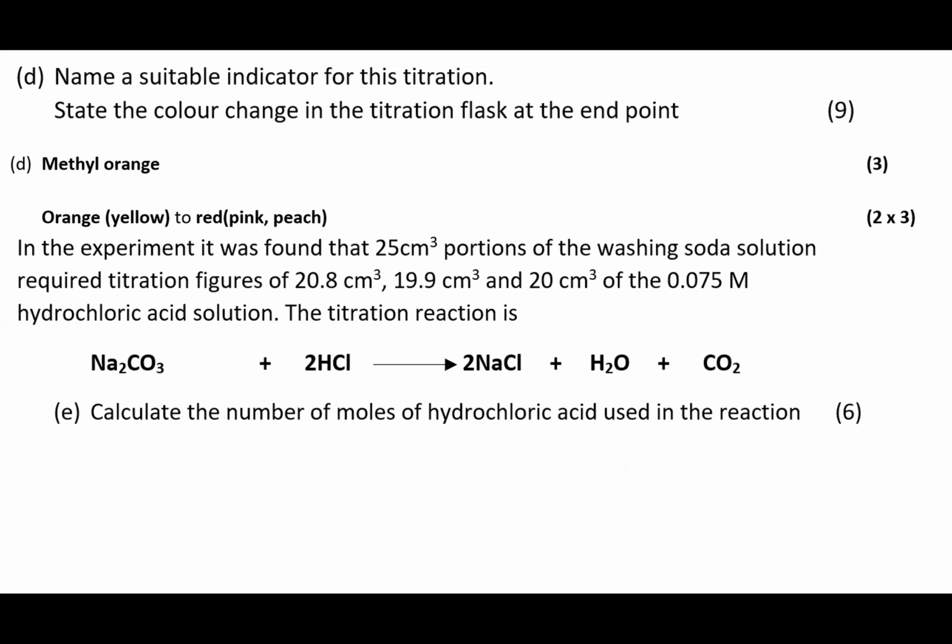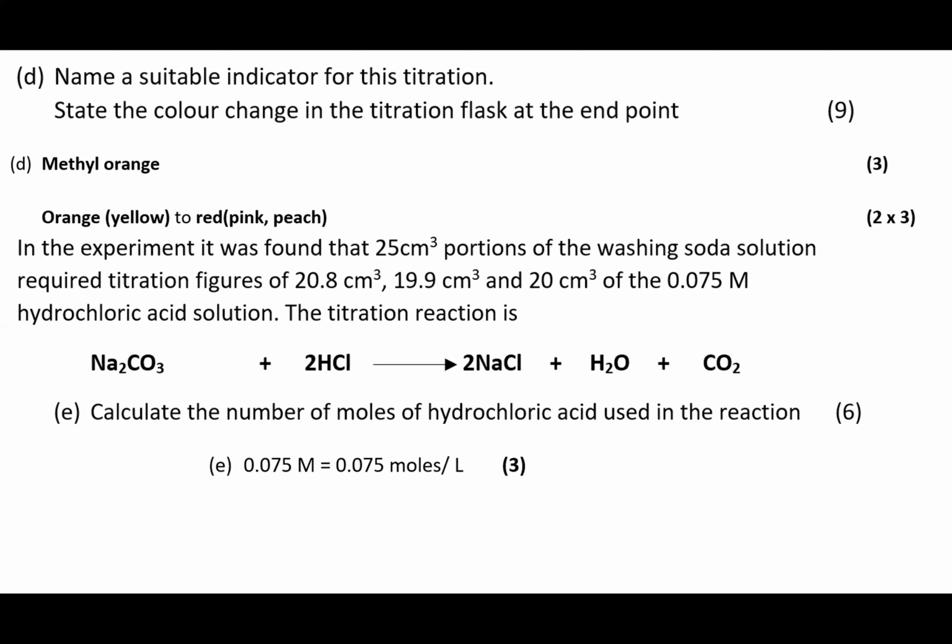Then onto our calculation. In the experiment, it was found that 25 cm³ portions of the washing soda required titration figures of 20.8 cm³, 19.9 and 20 cm³ of the 0.075 molar hydrochloric acid solution. The titration reaction is as follows. Calculate the number of moles of hydrochloric acid used in the reaction.